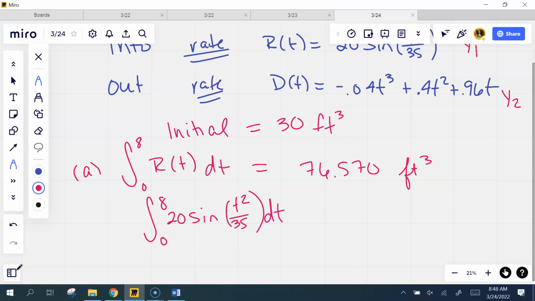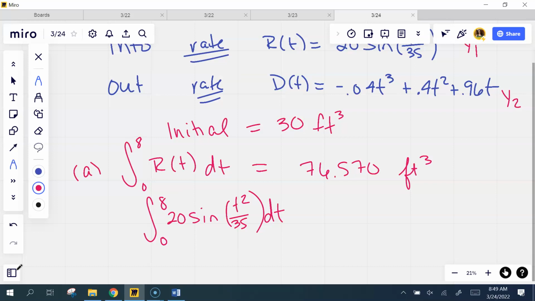It says how many cubic feet flow into the pipe during those 8 hours. If it had said how many total cubic feet are in the pipe after 8 hours, then you would add that initial amount. I feel like they word these a little bit differently every time just to make sure you understand. Do I add the initial amount or do I not?